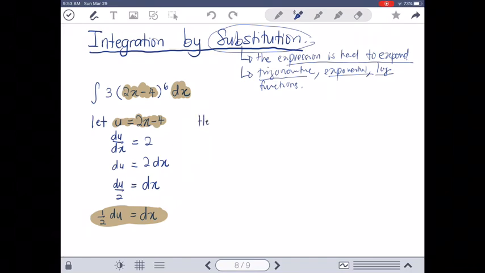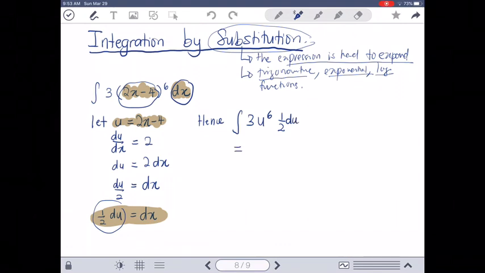Hence, we have integration of 3, since this one we substitute with u, to the power of 6. dx we substitute with 1 over 2 du. Therefore, we will have integration of 3 times 1 over 2 becomes 3 over 2 u to the power of 6 du.